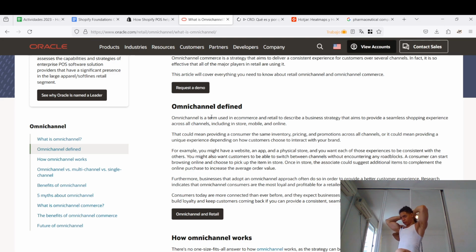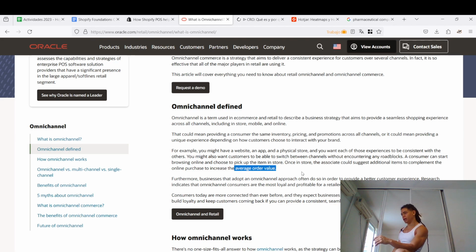You might also want customers to be able to switch between channels without encountering any roadblock. A consumer can start browsing online and choose to pick up the items in store. Once in store, the associate could suggest additional items to complement the online purchase to increase the average order value.